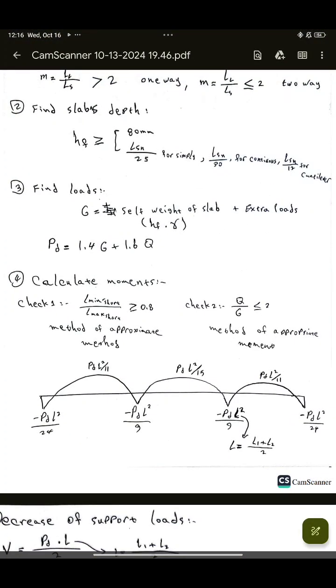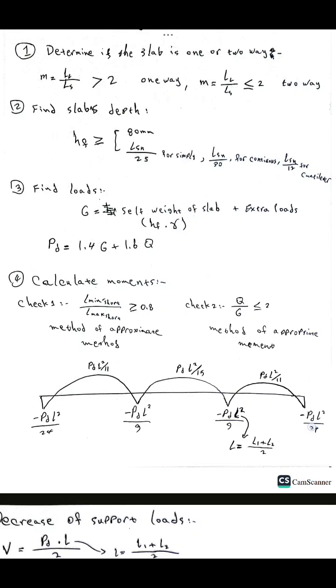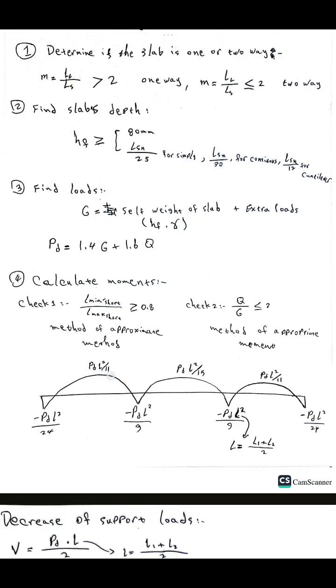As we see here, we use this formula always. In this graph, we see the first support, span, support, span, support, span, support. These two in the corners are the external supports, and they are considered negative, PDL square over 24. The external spans use PDL square over 11.